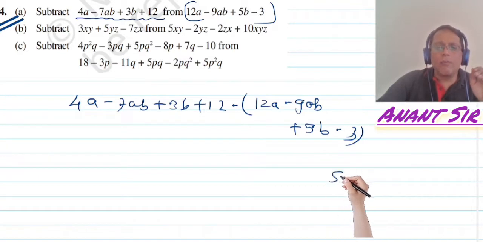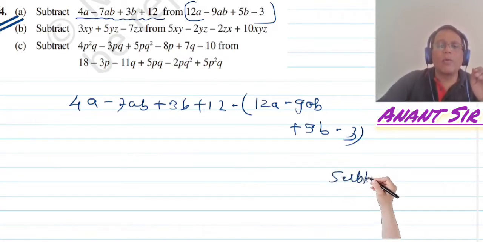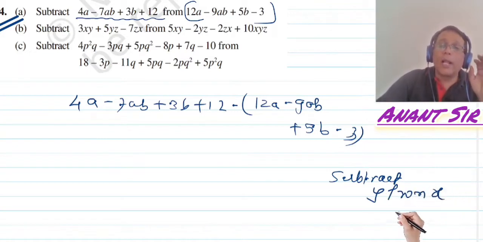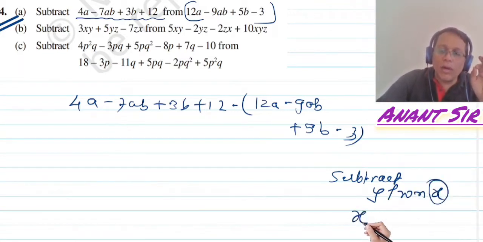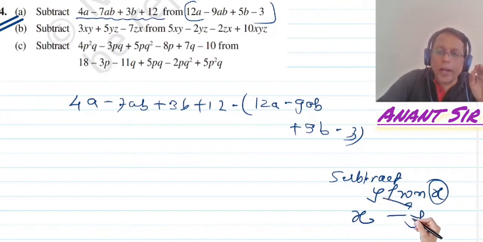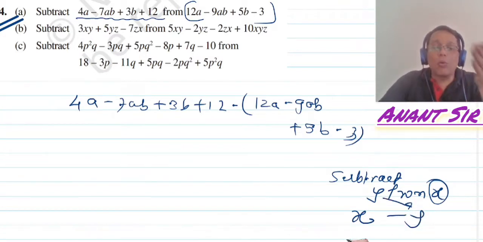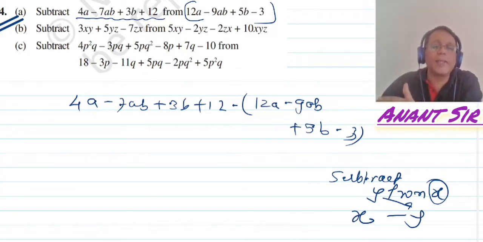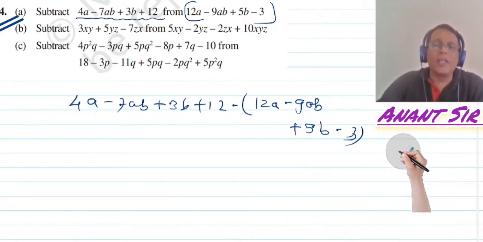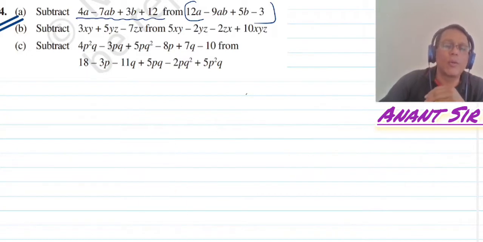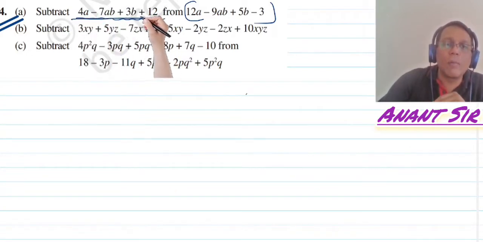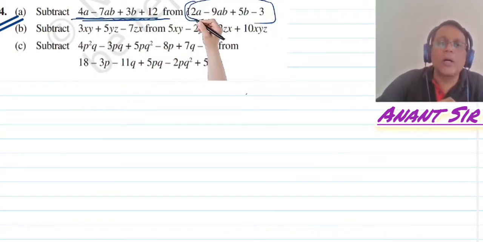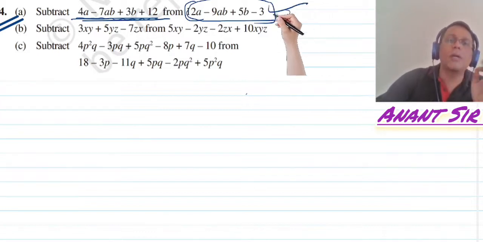If it is given that we have to subtract y from x, that means we have to write x first and then write y. You have to subtract y, so put y after the negative sign. Similarly here, if we have to subtract this first term from this term, you have to keep this term first.